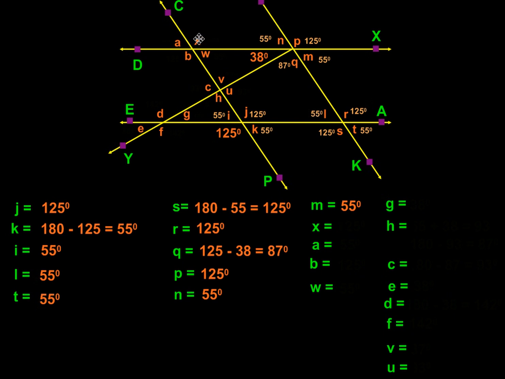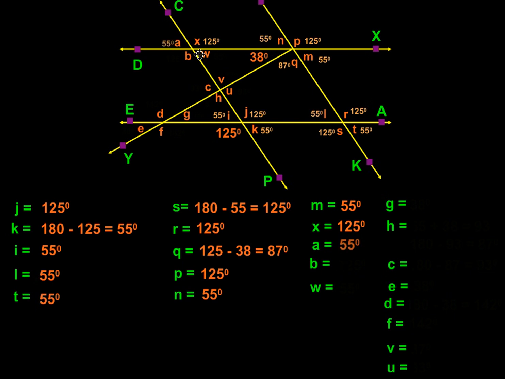X is a corresponding angle to P, which is going to make it 125. A is going to be 180 degrees minus the 125 because A and X are supplemental, and that gets us 55.